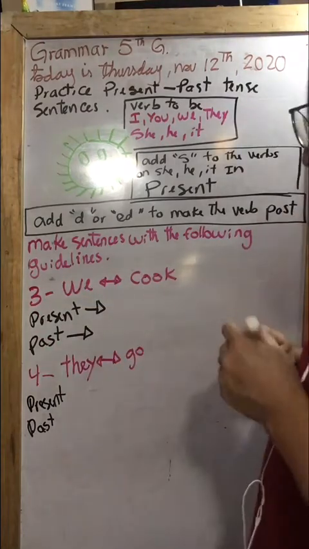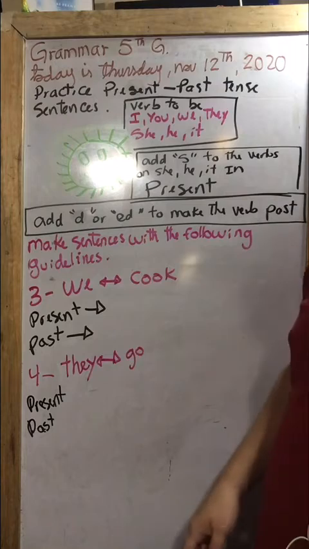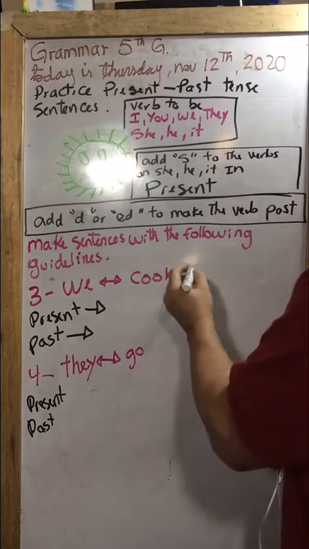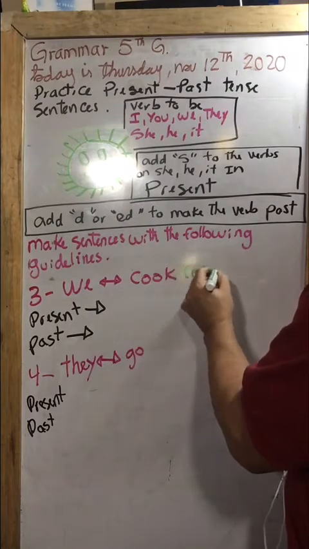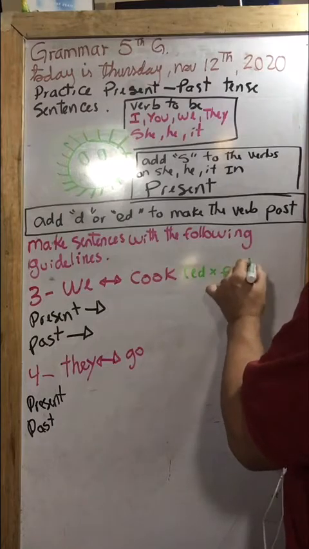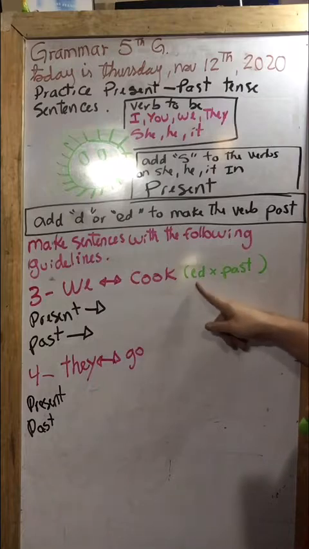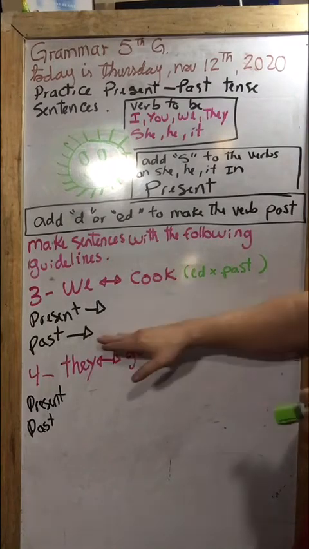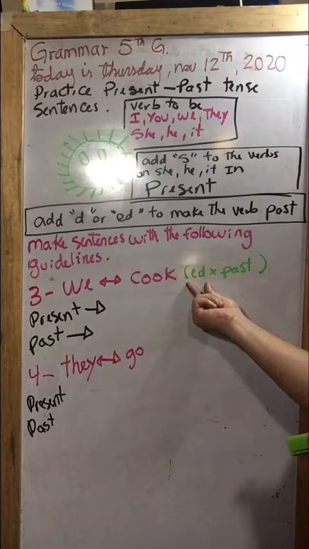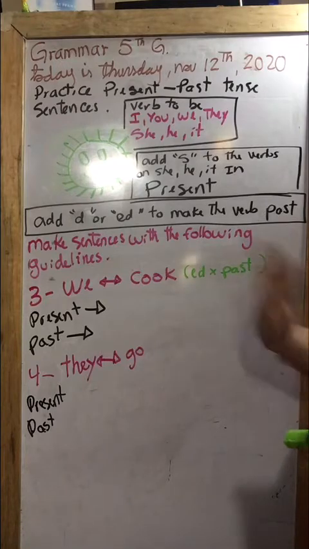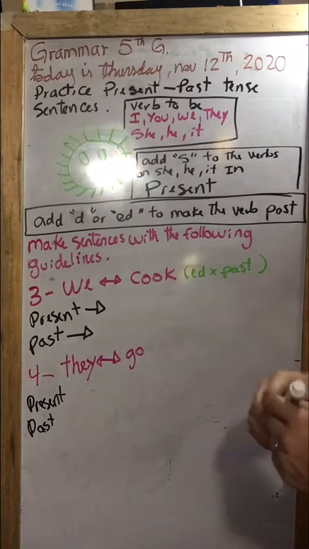And in the past, we are going to write in here ed for past. Okay, so the only thing that I have to add to make it past is ed. So we cooked chicken.